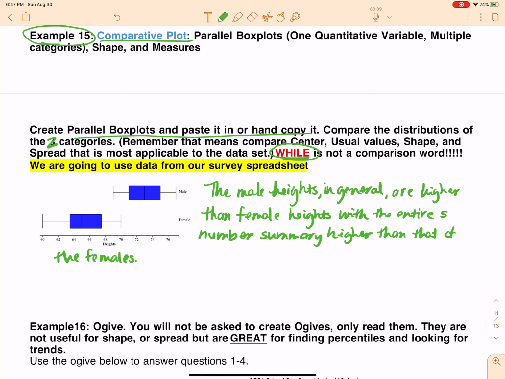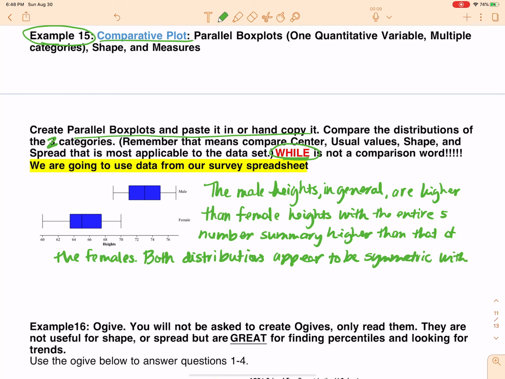Both distributions appear to be symmetric with no unusual features.